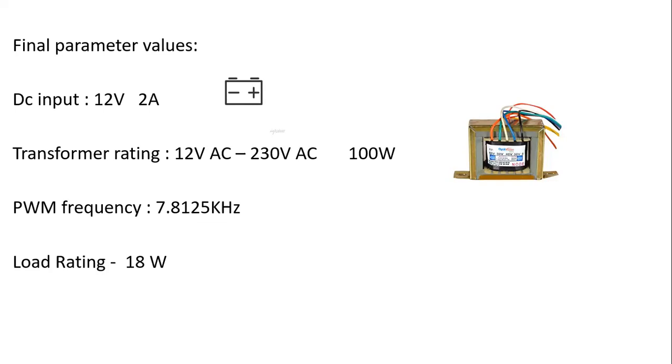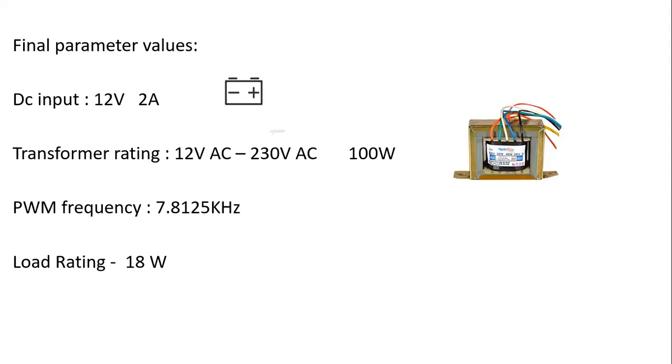To operate our normal domestic home appliances, which use 50 hertz and 230 volt, you definitely need a transformer of 12 volt AC to 230 volt AC. But here the input DC power is 24 watt, so your transformer rating should be at least 24. Here they have selected 100 watt, because a rating much lower than that may not be available.